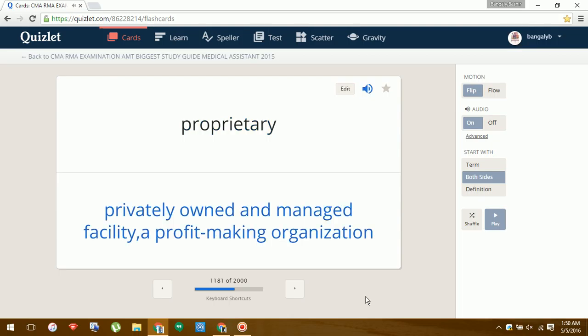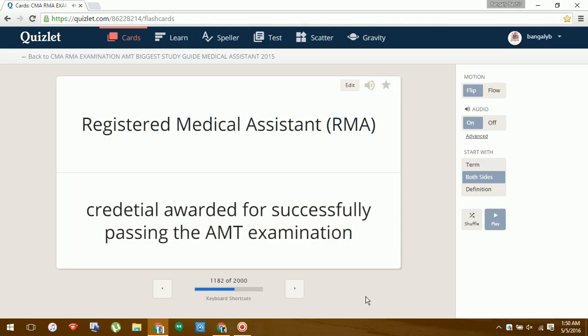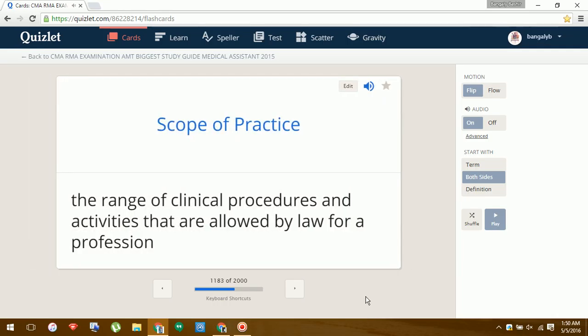Privately owned and managed facility, a profit-making organization. Registered medical assistant. Credential awarded for successfully passing the AMT examination. Scope of practice. The range of clinical procedures and activities that are allowed by law for a profession.